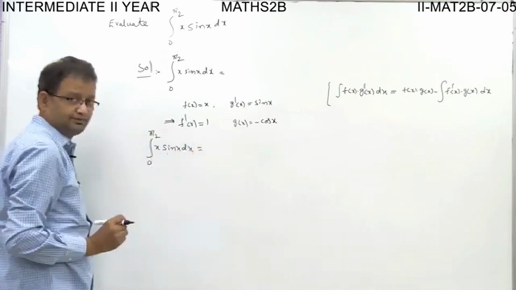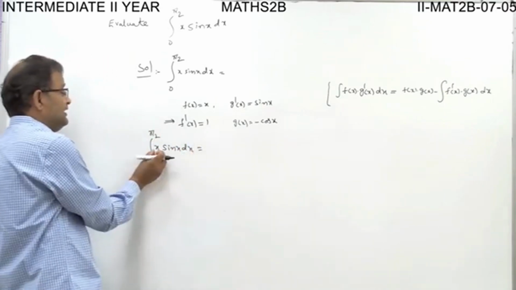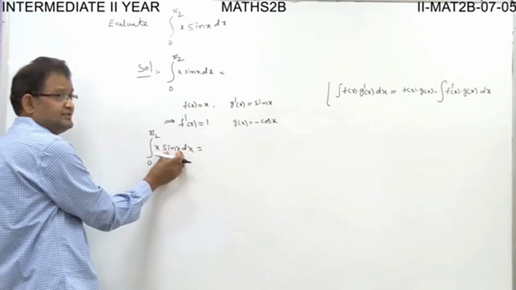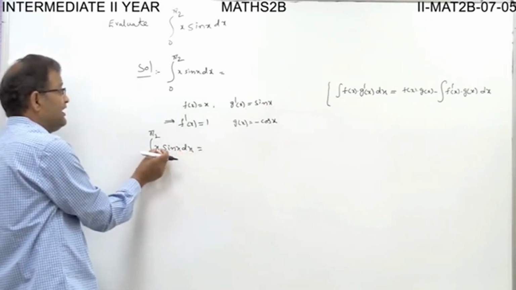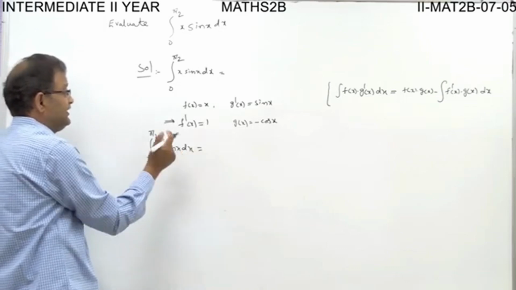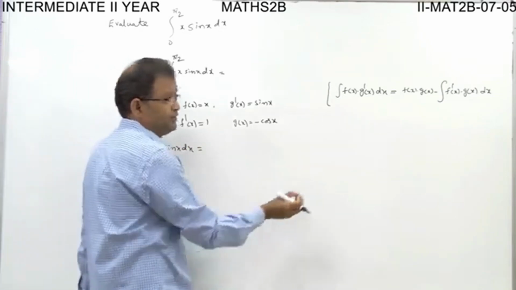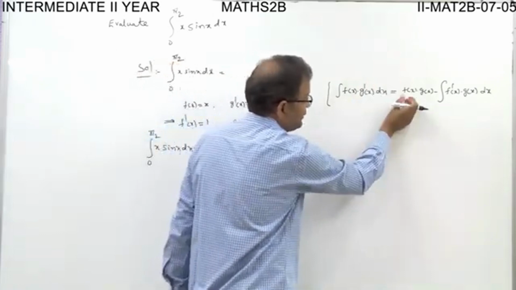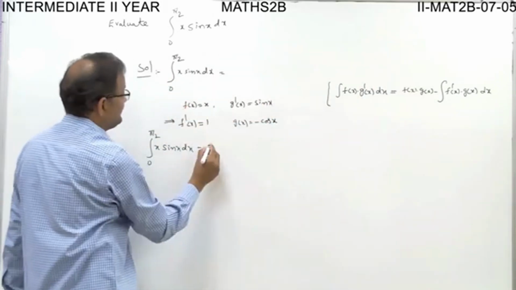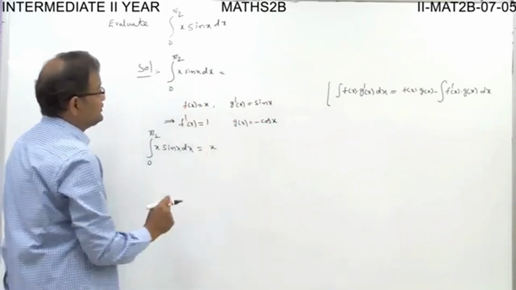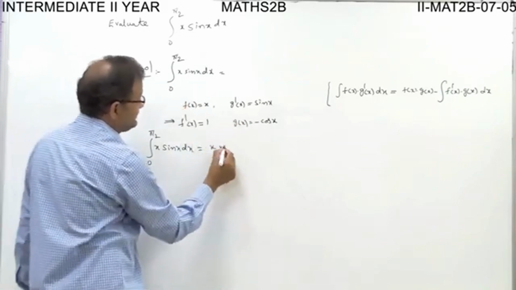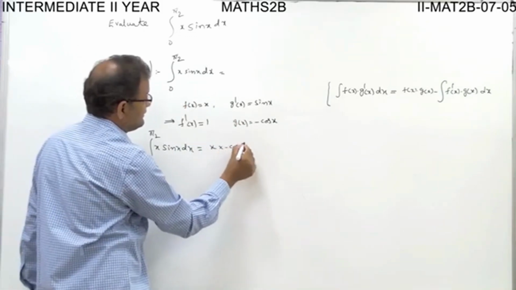This is f of x, this is g dash of x, integral f of x into g dash of x dx, that is equal to, by integration by parts rule, f of x is x, g of x is minus cos x.